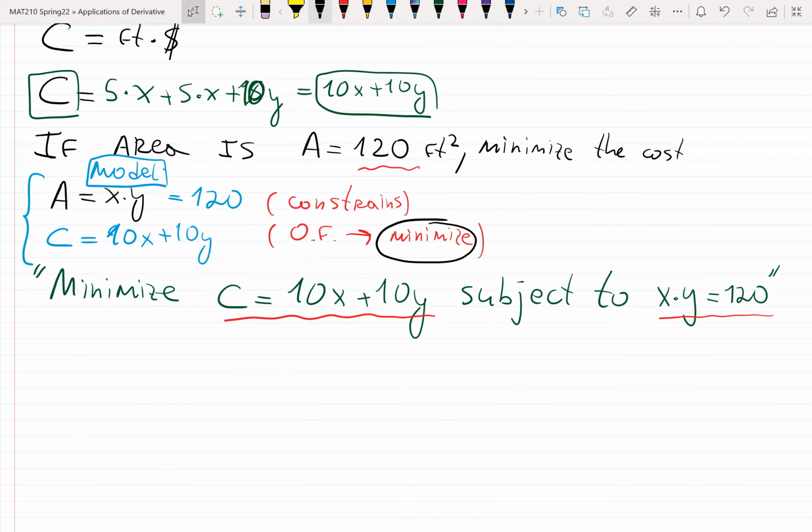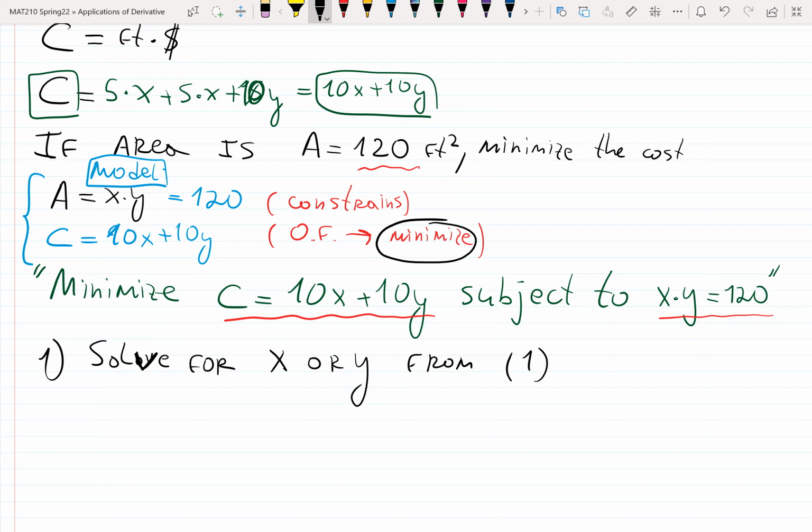So what steps do we need? Step one, solve for one of the variables, for example, x or y, from equation number one. Let me call them: equation number one will be the constraint and equation number two will be the cost function. So I have x times y equals 120. Let me solve for y, or x, doesn't really matter.